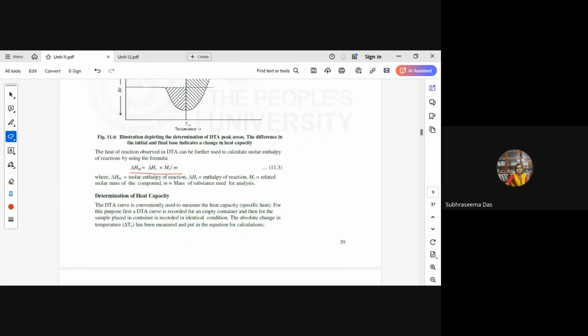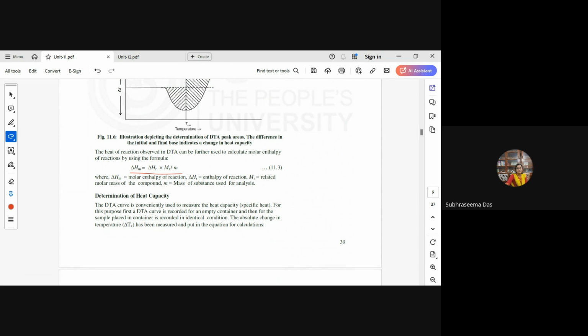Now, determination of heat capacity. The DTA curve is particularly used for measurement of delta Cp. For this purpose, a DTA curve is first recorded in an empty container, and then the container with the sample is recorded under identical conditions.